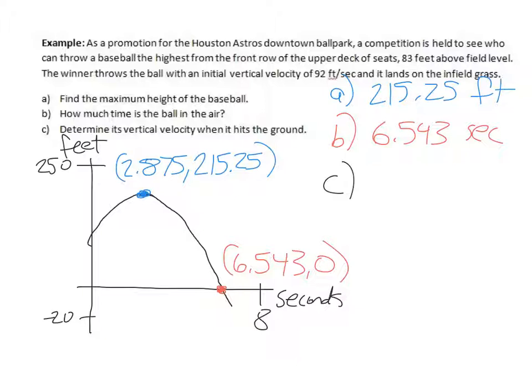I put the 6.543 number into the velocity equation for time, and it gave me -117.371. And that would be a velocity comparing feet to seconds. And that is actually the units that I would use here, feet per second, a velocity, a rate.